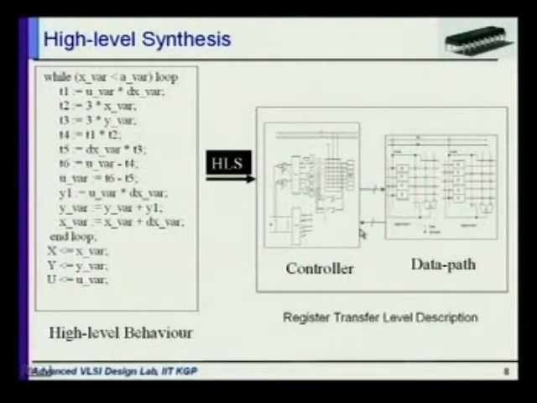In every time step it generates some control signals to the data path. As a result, some operation will be executed in the data path and some status signals will go to the controller from the data path, and depending upon the status signal, the next control step will be decided by the controller.